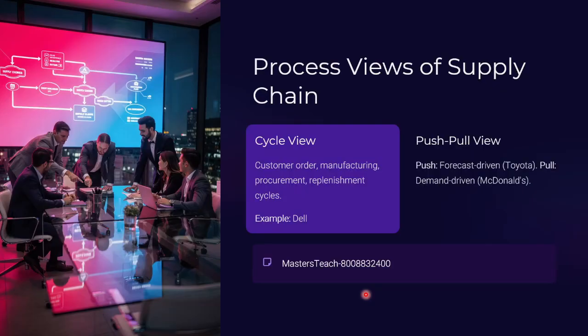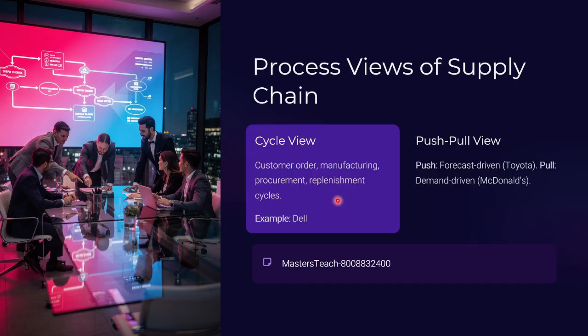Okay, let us see a process view of supply chain. There are two types of process view of supply chain. One is cycle view, another one is push pull view. Okay, what is cycle view? So the customer orders, then manufacturing, then procurement, then replenishment cycle.